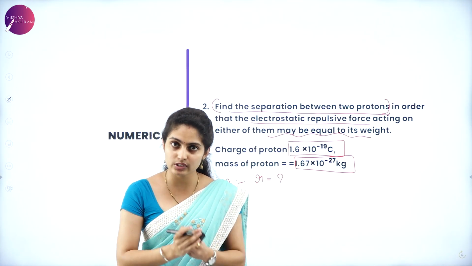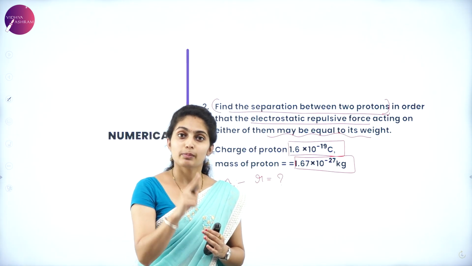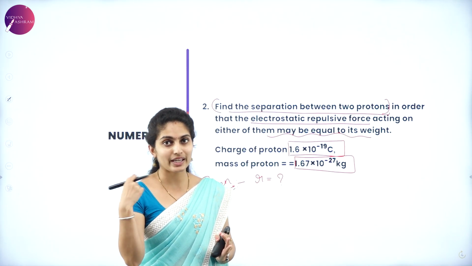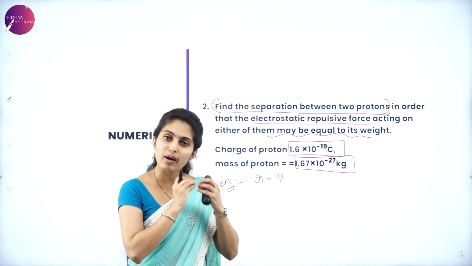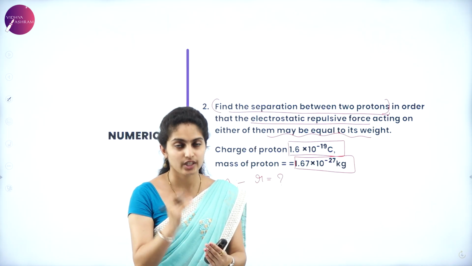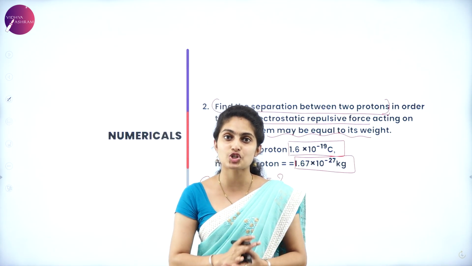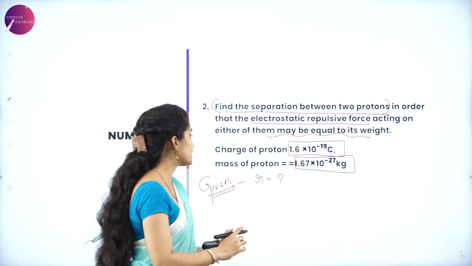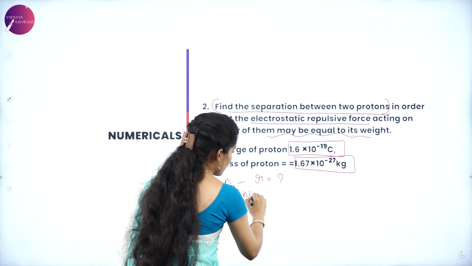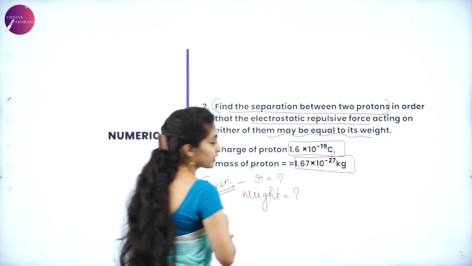So we don't know what the weight is, but we have the mass of the proton. Remember, I had told you the mass is different and the weight is different. Mass is the mass of the complete atoms or molecules present within that object, whereas weight is the one which comes from the acceleration due to gravity. So how can the weight of the proton be calculated?